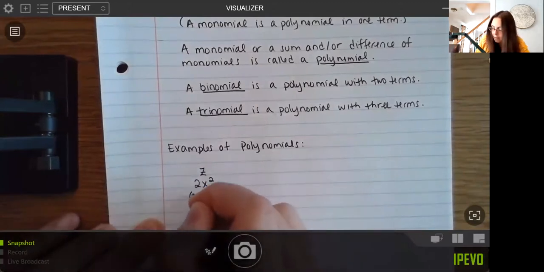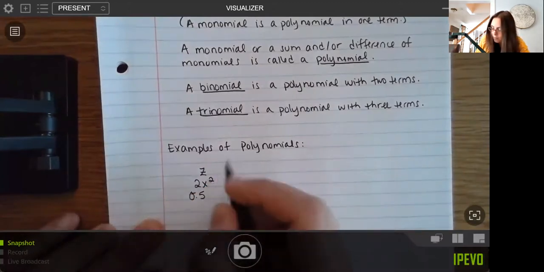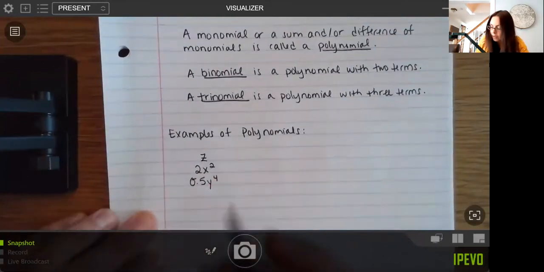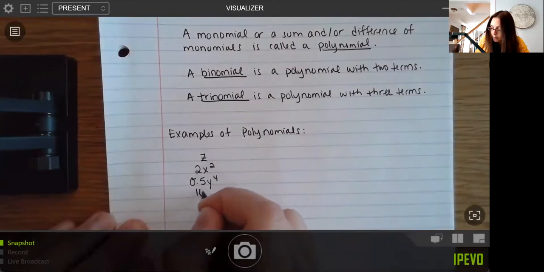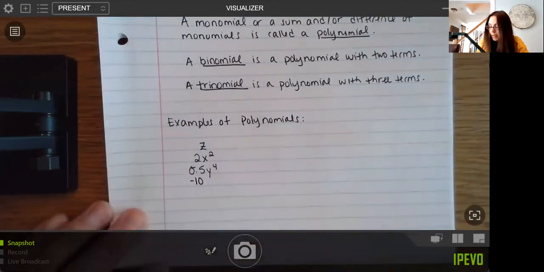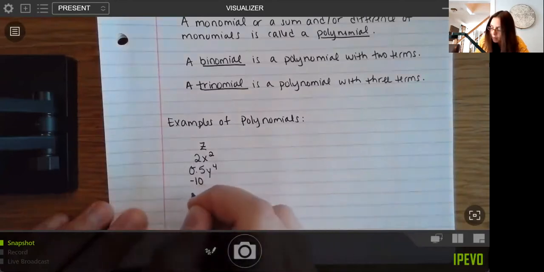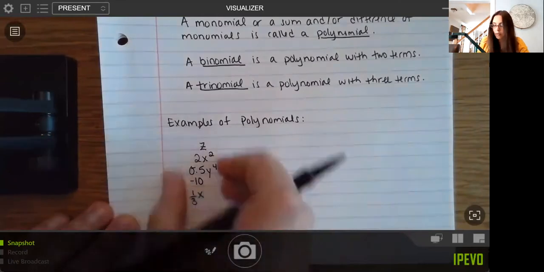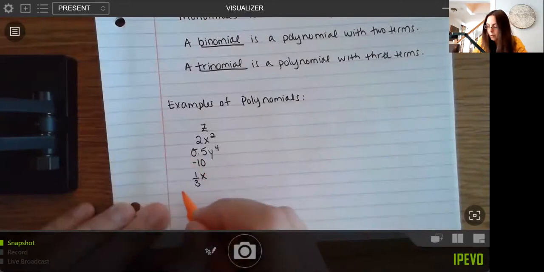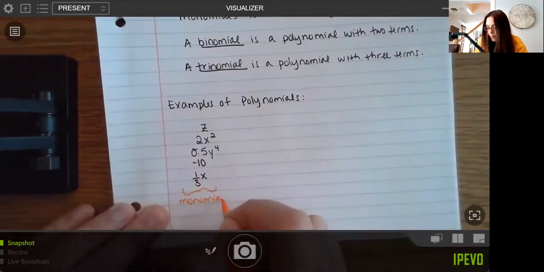I could have 1/2 y to the 4th power. I could have just the number -10. Okay, and so on. I'll do a fraction one too. I could have 1/3 x. Okay? So these are all polynomials, and also specifically this style here is a monomial because it only has one term.